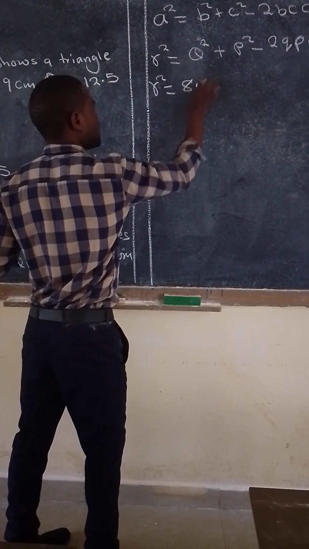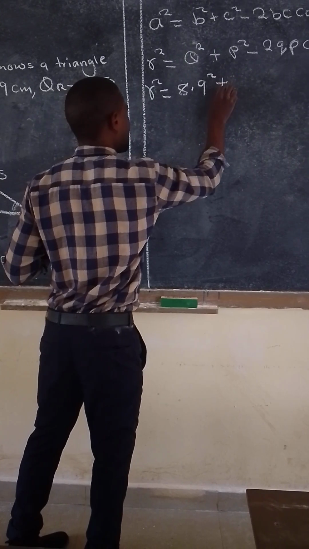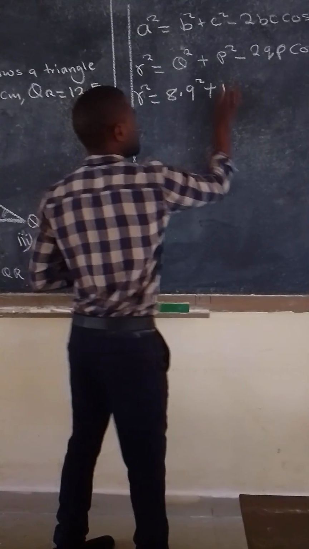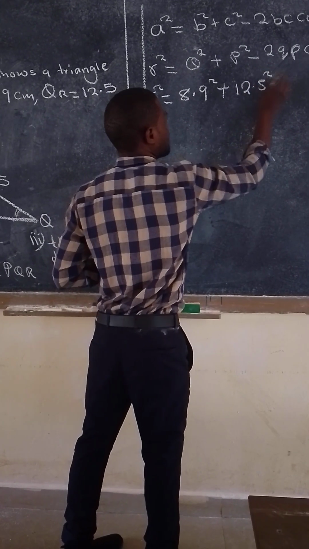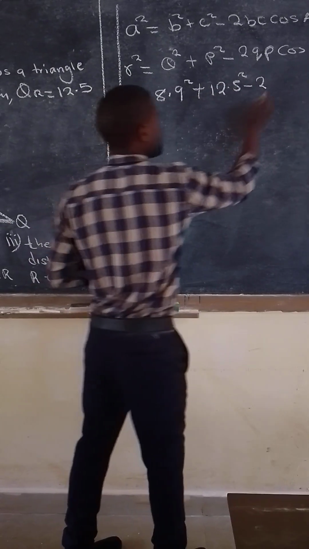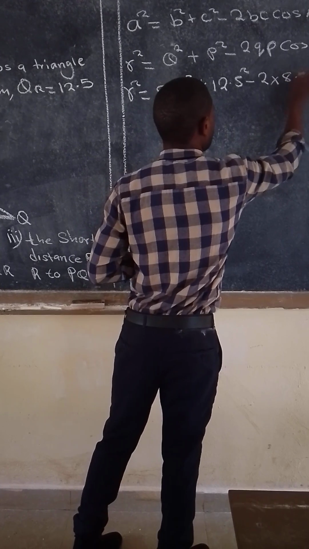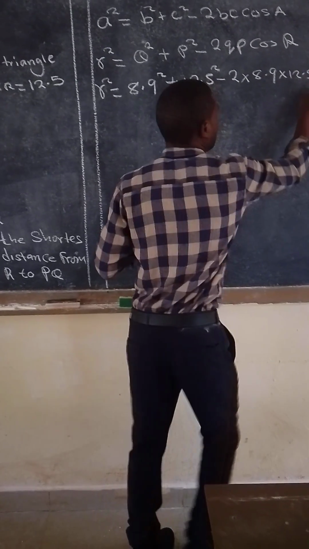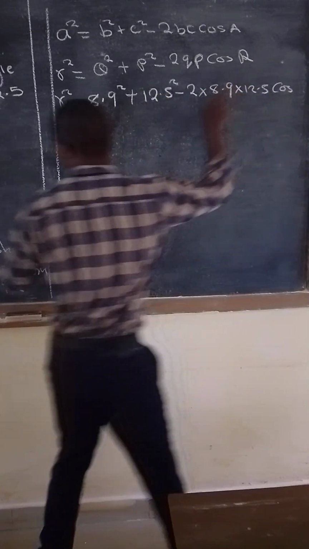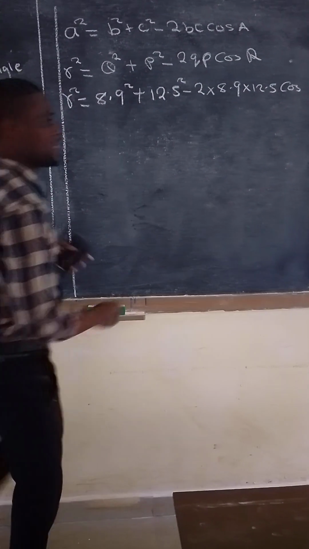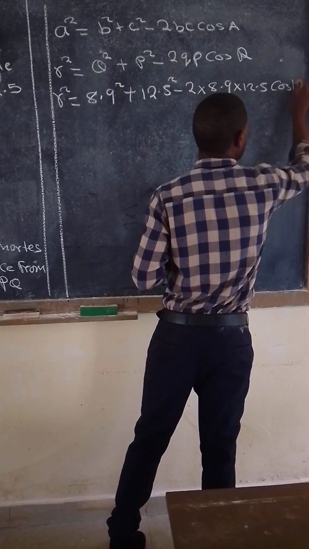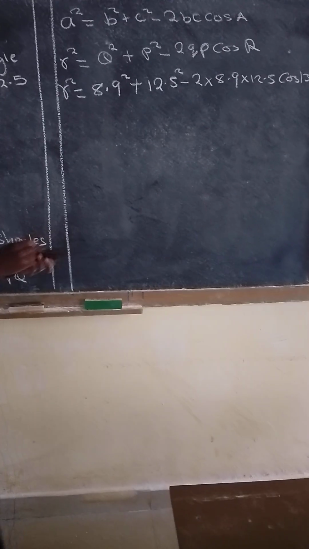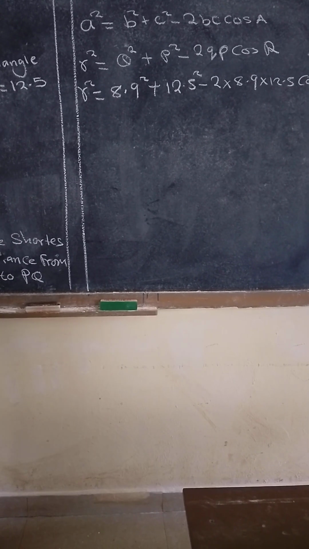So it should be 8.9 squared plus the length of p, which is 12.5 squared, minus 2 times 8.9 times 12.5 times cos R, where the given angle is 130.6 degrees. Then we do the calculation using the scientific calculator.